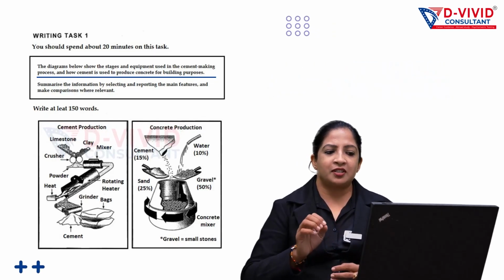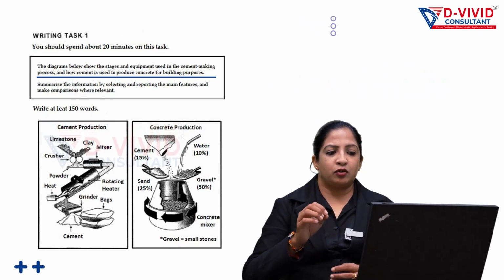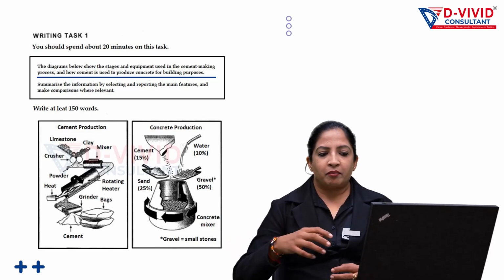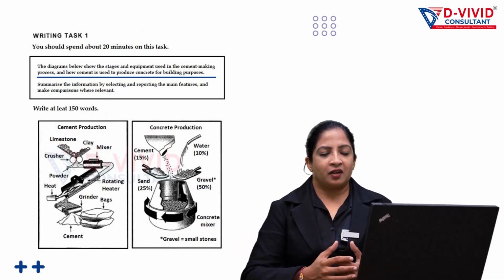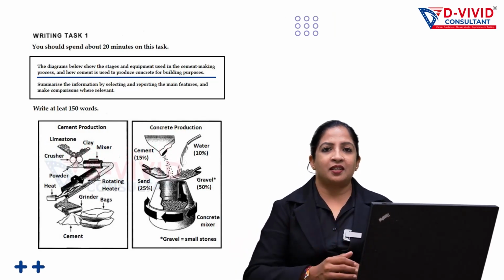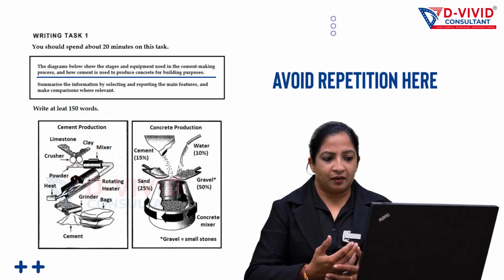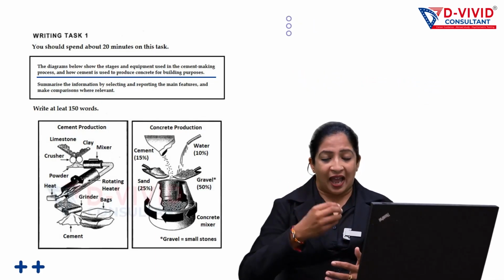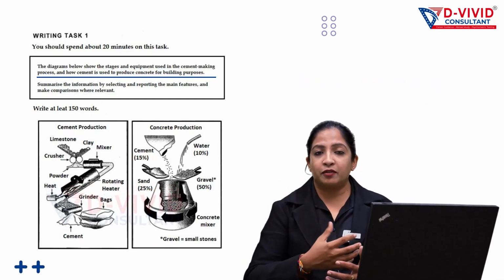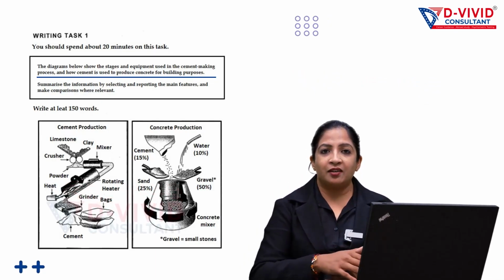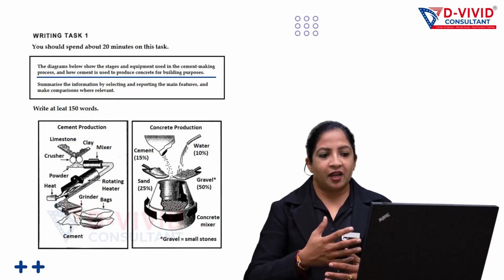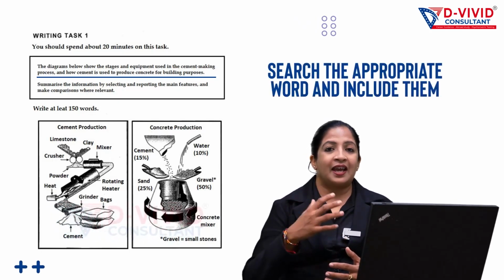You should not just say that then it goes from here, then it goes from here, because in the process there are chances to repeat certain words, right? So avoid repetition here. If you are not able to get a different word at that point of time, once you have completed the content, go on the internet, search for the appropriate word and include it.